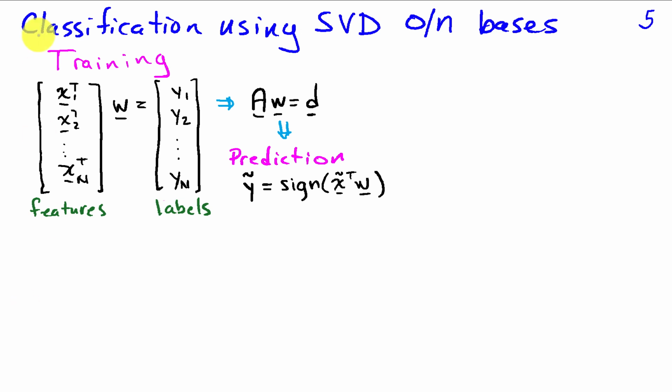So recall, in a classification problem, we have a training step where we take these features that we have associated with known labels, and we set up this least squares problem, AW equals D, and then when I observe some new feature, x tilde, I take the inner product of x tilde with W and then take the sign of that, and that gives me my prediction for my binary classifier.